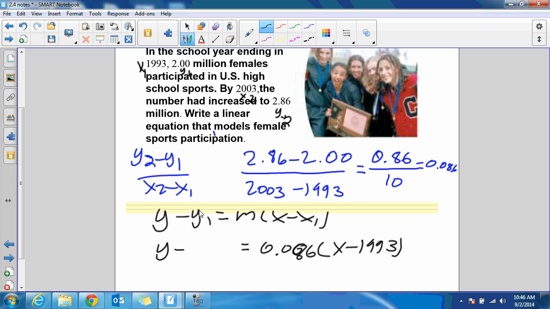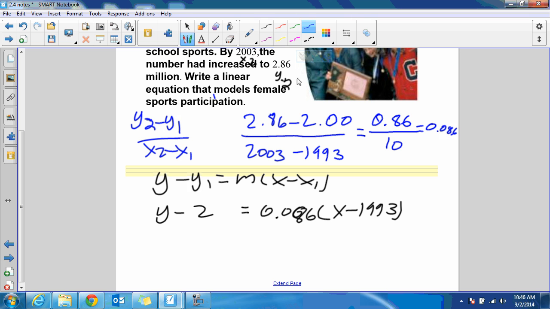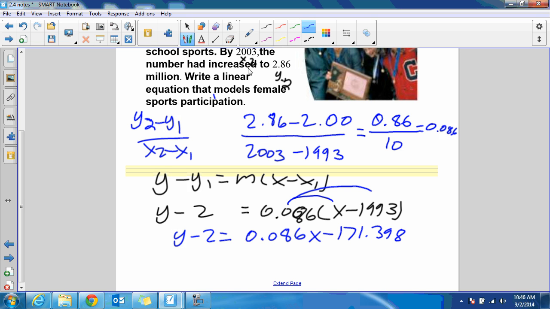And then our y1 would be 2 million, or just 2 for right now. So we got y minus 2 equals 0.086, remember that's in millions, x. And then times that by 1993, and that would be minus 171.398. And the last step is to add 2 to it. Plus 2, plus 2.